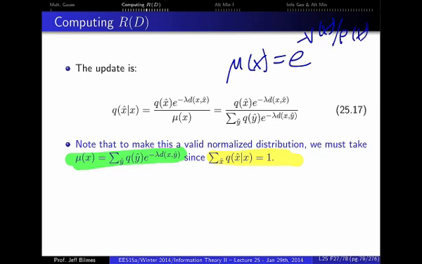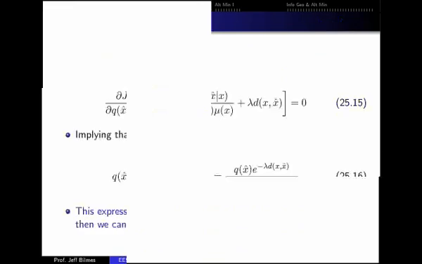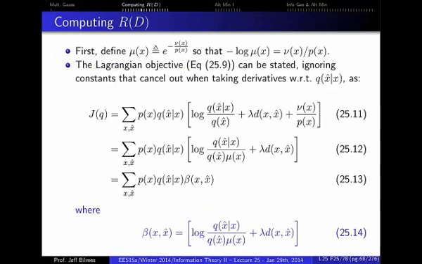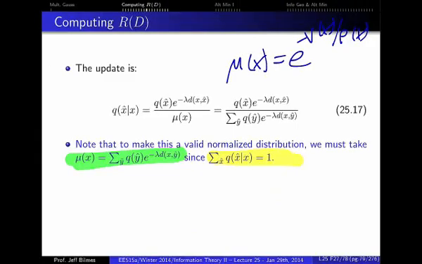I believe that's right. Let's just double check. Yep, there it is. So, first of all, does everyone see that right now we have this expression for nu as well.